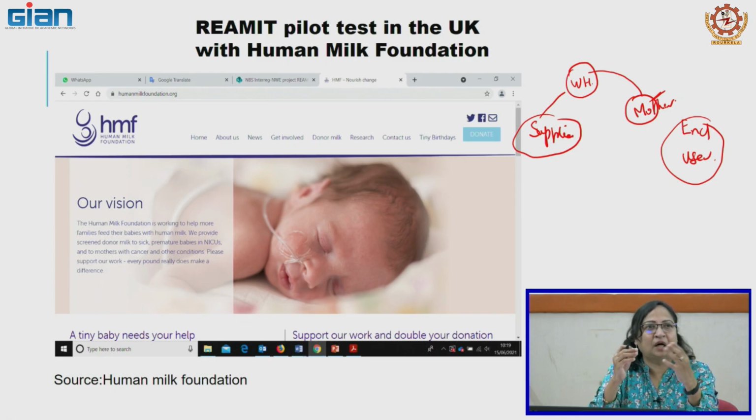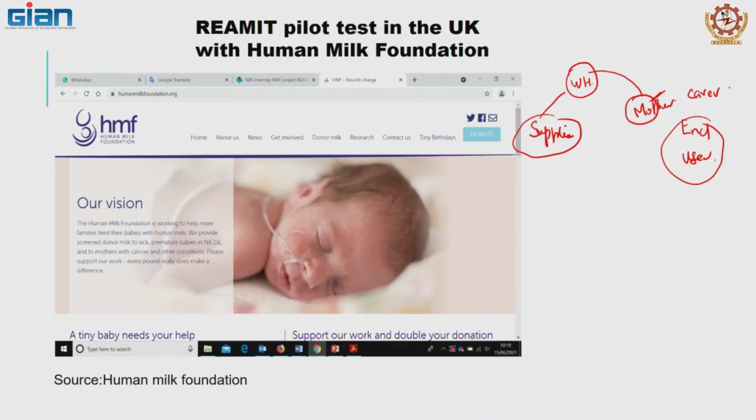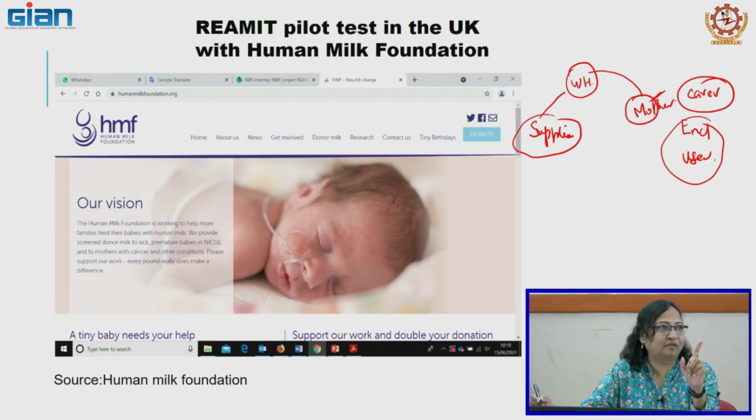Who will be looking at all these things? They are already under very mental tension. So, you have to give some labeling sensor, and that label will tell the supplier if the temperature is not maintained. Immediately they will call the person taking care of the child, and the carer will get the phone call: do not give that milk, its time is already up.